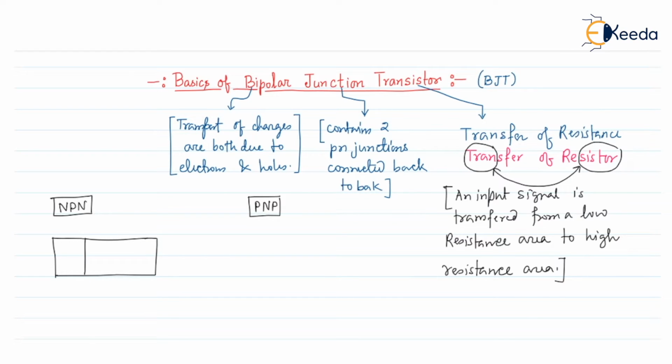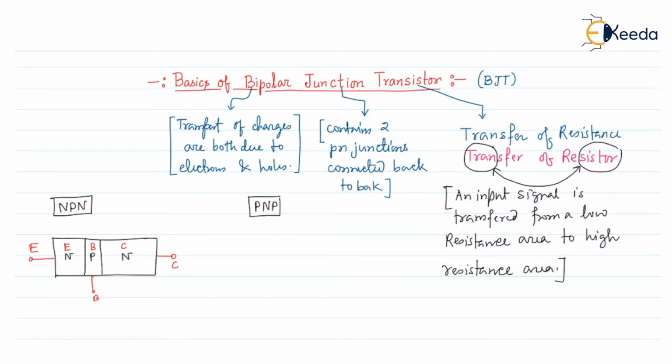The first region is N type, the second is P type, and the third is again N type. Generally, the first N is called the emitter, the second is the base, and then the collector. So this is the collector terminal, this is the base terminal, and this is the emitter terminal. This is a simple block diagram of an NPN transistor.